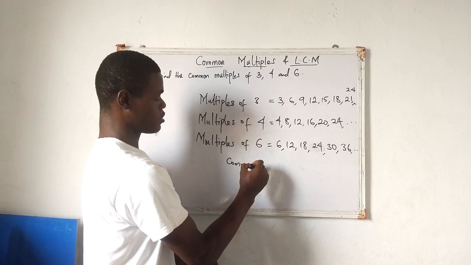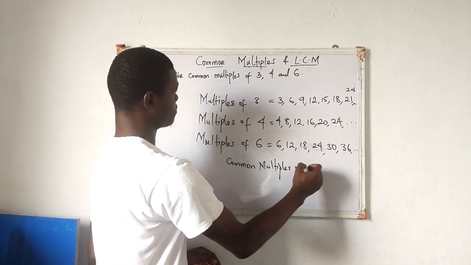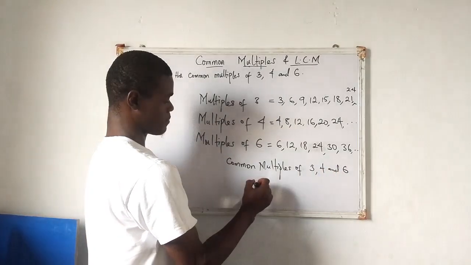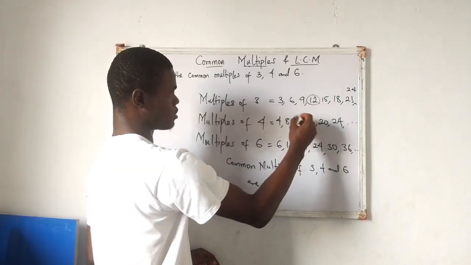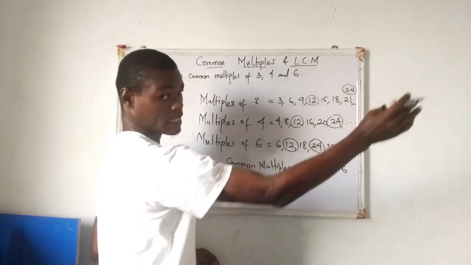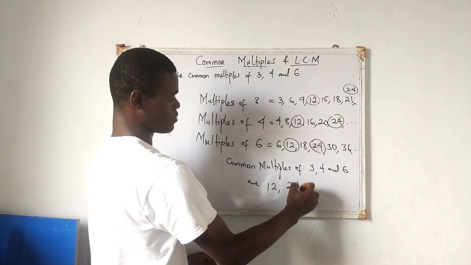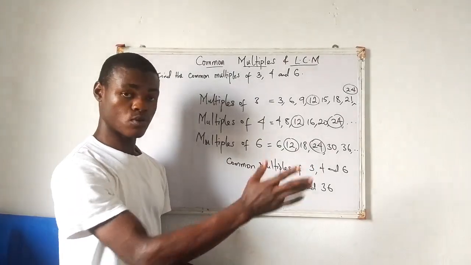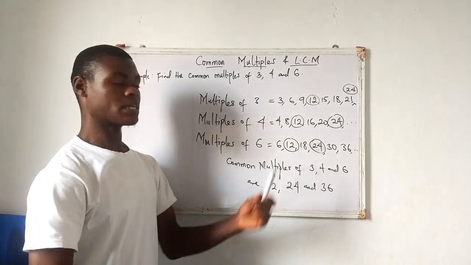So the first 3 common multiples of 3, 4, and 6 are 12, 24, and 36. There are more, but for the first 3, these are the common multiples of 3, 4, and 6.